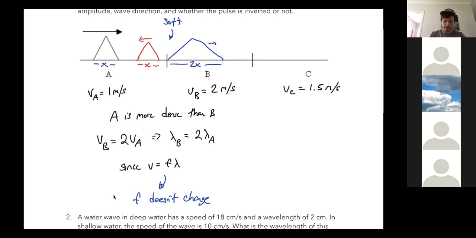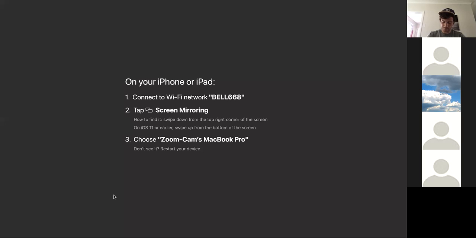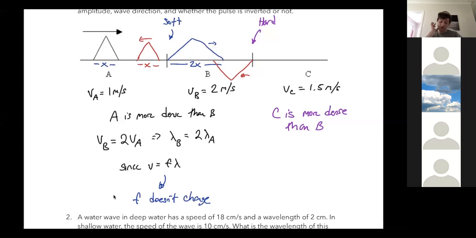It's gonna go like that, upside down. There's a reflected wave. I think my screen is frozen. There we go. So C is more dense than B, and our reflected wave right here is going in the opposite direction, upside down, because it's less dense to more dense. It's a hard boundary, okay?